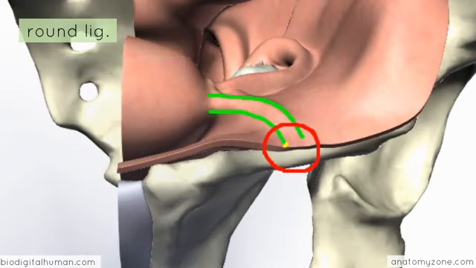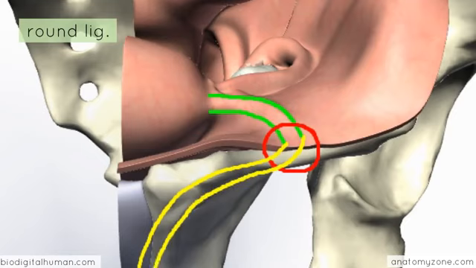It then runs along the entire length of the inguinal canal, just like the spermatic cord in males, and it ends up in the labium majus in the perineum. So that's the round ligament of the uterus.